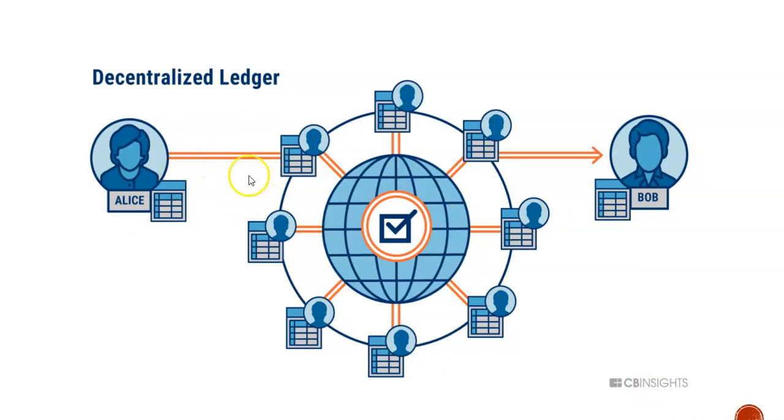So if any transaction is happening, when Alice sends money to Bob, the information is not only stored in Alice's ledger, but also in Bob's ledger and in all the other persons' ledgers. So we have taken out the necessity of a person to maintain the ledger, or the necessity of Alice and Bob to depend on a third person to maintain their transactions. This concept is what is called a decentralized ledger.